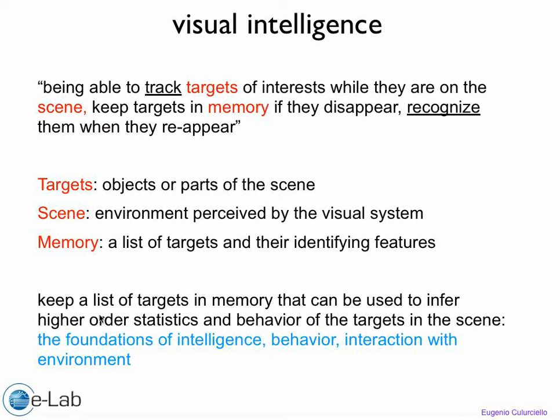And so I could identify as a second order statistic the fact that if I look at something elongated on a table, it's very likely to be a pen, even if I don't perceive all of its features or I didn't manipulate it. And in fact, sometimes you might go and pick up a pen and it's not really a pen, it's just a metal rod. I hope this gives you an idea of what I mean by visual intelligence and what these visual systems are supposed to do.